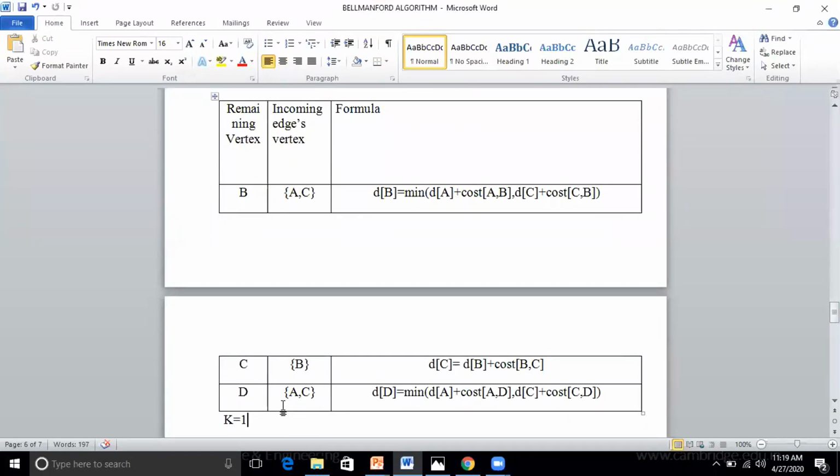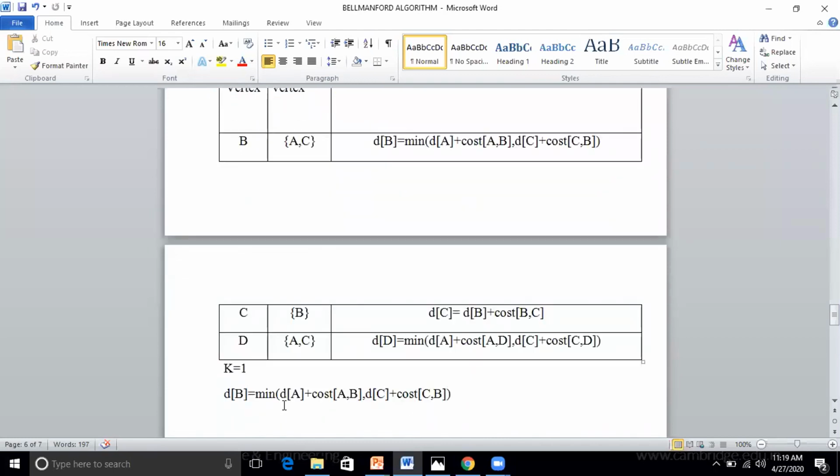Okay. Fine. Now you people calculate and tell me the values. Min of D of A 0 plus 3, comma, infinity plus 1, that is 999 plus 1. So among this, 3 is minimum.